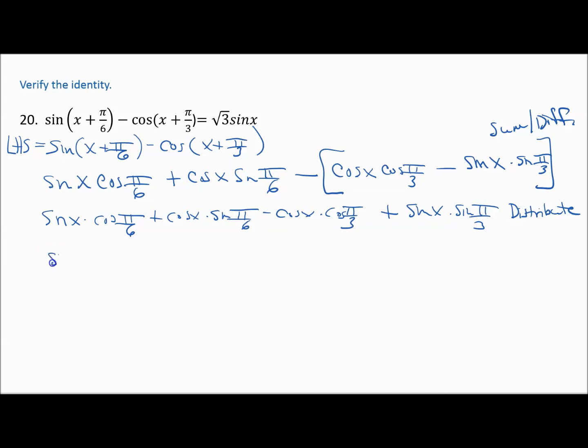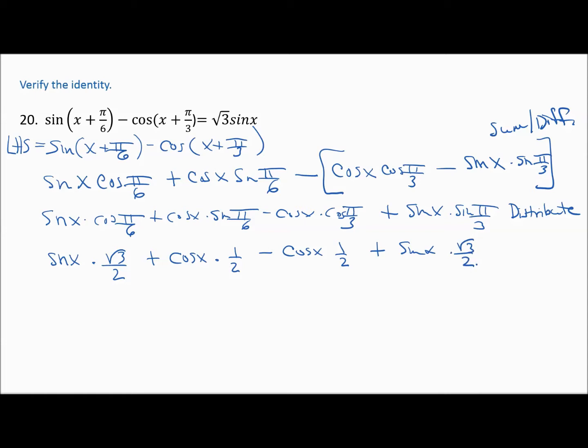So this is going to be sine of x times the cosine of pi over 6, which is square root of 3 over 2, plus the cosine of x times the sine of pi over 6, which is 1/2, minus the cosine of x times the cosine of pi over 3, okay, I have to think about that, which is going to be 1/2, plus the sine of x times the sine of pi over 3, which is square root of 3 over 2.